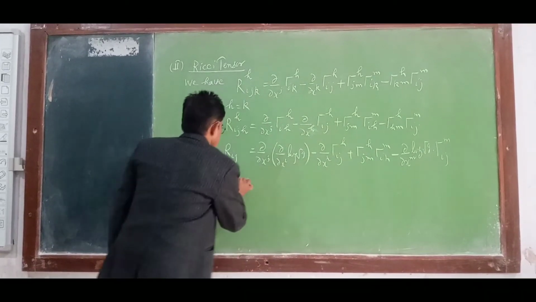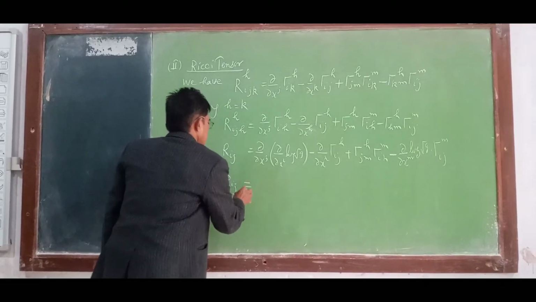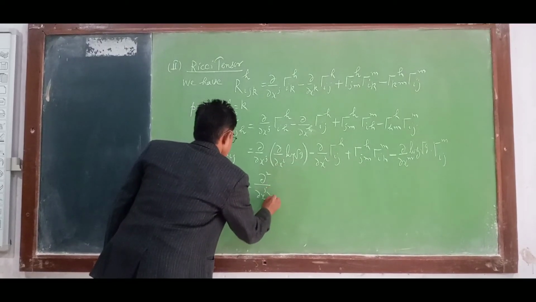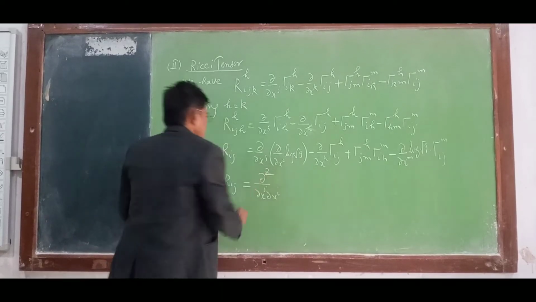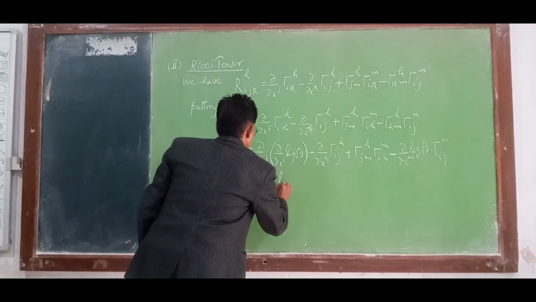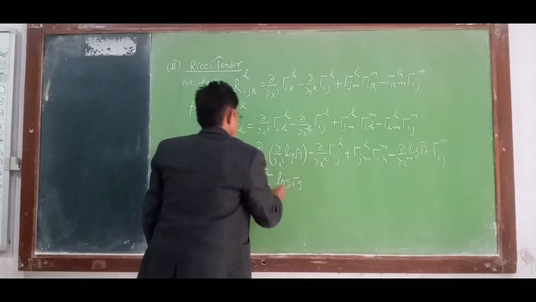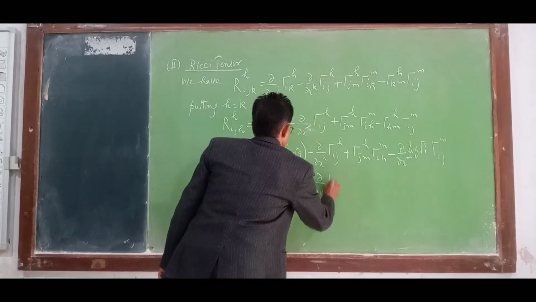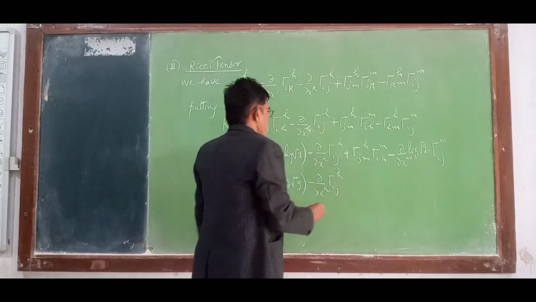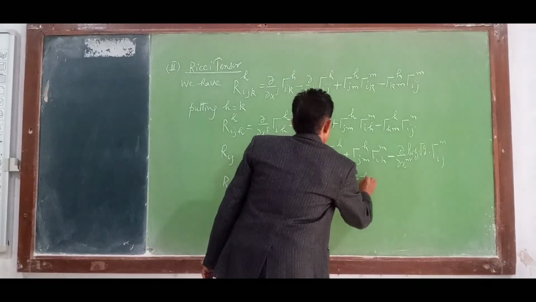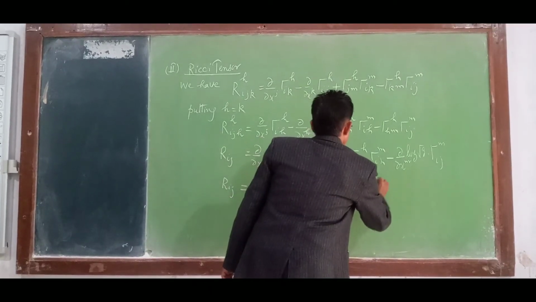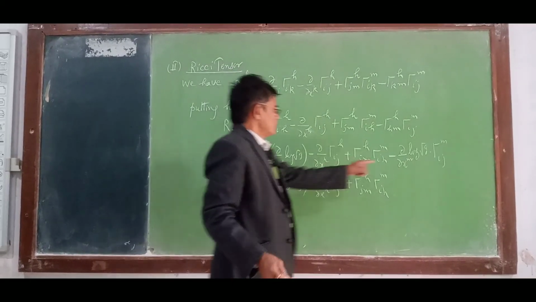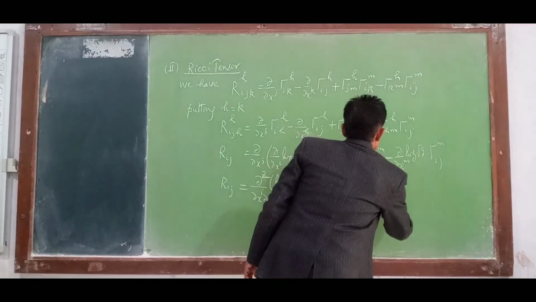So R_{ij} is equal to ∂²/∂x^j∂x^i log √g, a second order partial derivative, minus ∂/∂x^h Γ^h_{ij} plus Γ^h_{jm} Γ^m_{ih}, minus Γ^m_{ij} ∂/∂x^m log √g.